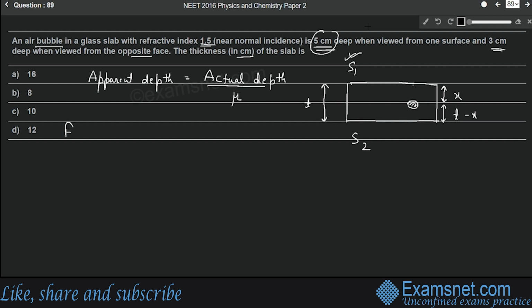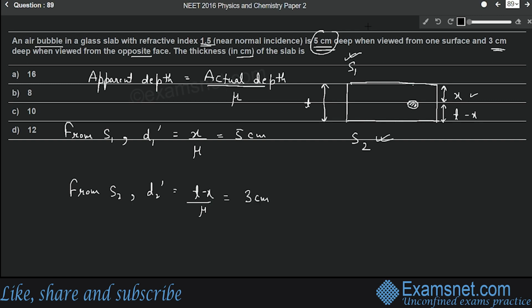So from surface 1, the apparent depth d1 dash will be equal to x by mu, okay, because the actual depth from the surface 1 is x. So x divided by mu, and that is given as 5 centimeter, okay. And from surface 2, the apparent depth d2 dash will be equal to t minus x by mu, because the actual depth from this surface is t minus x, okay. So t minus x by mu, and that is given as 3 centimeter, okay.